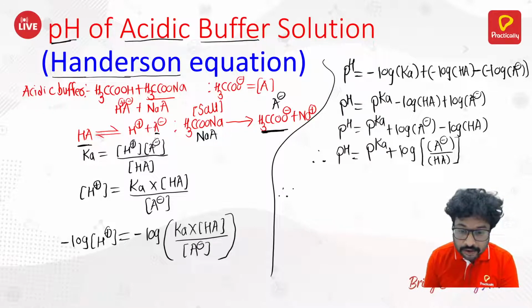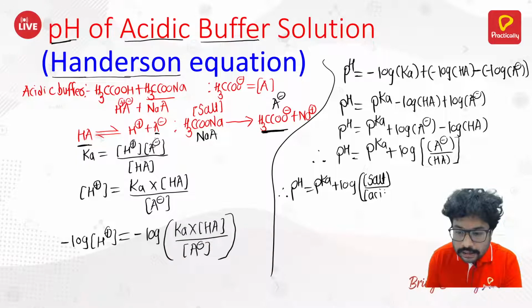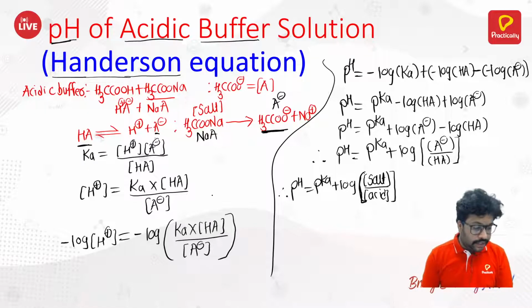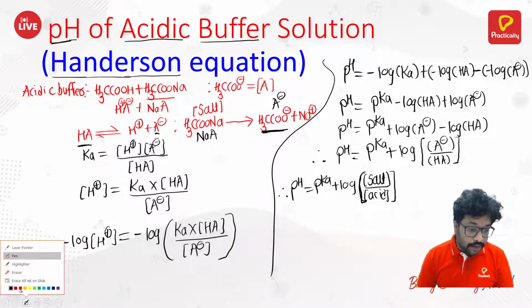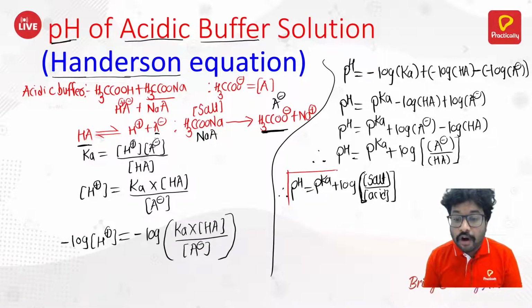And therefore, your formula becomes pH is equal to pKa plus log of salt upon acid. That is what the pH is all about. That is how you can calculate the pH of an acidic buffer.